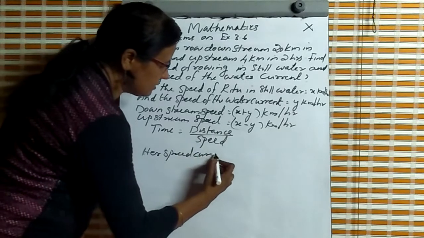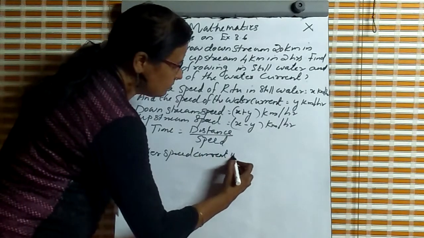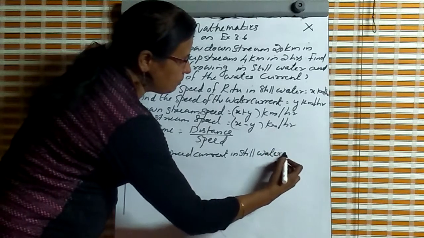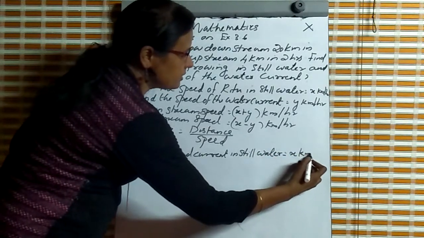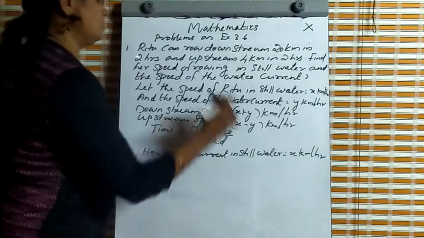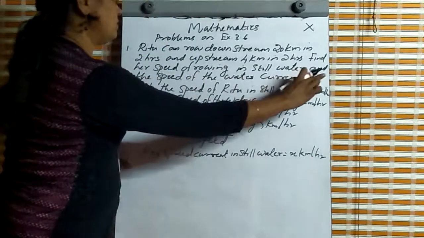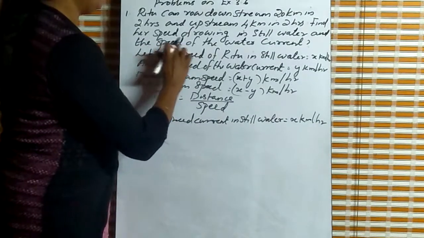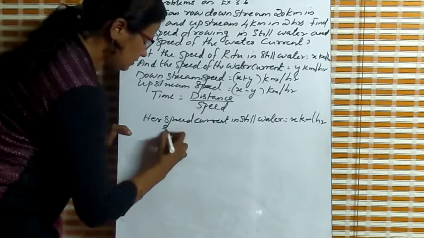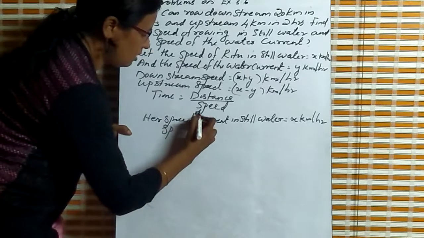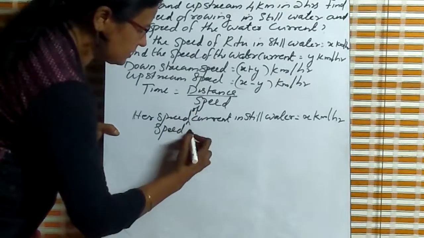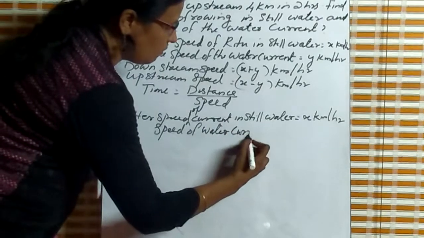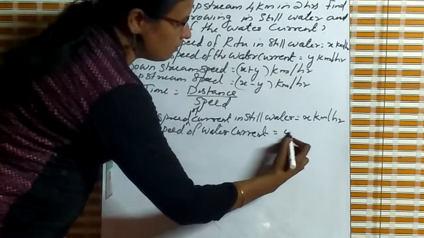Speed of rowing in still water is x kilometer per hour and the speed of the water current is y kilometer per hour.